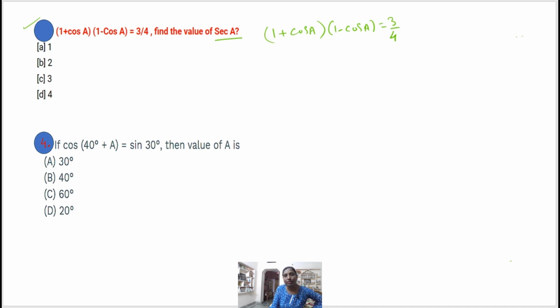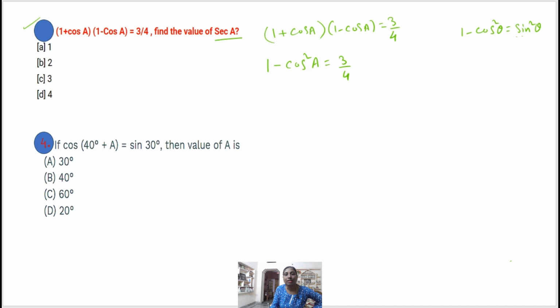So here you can see that a plus b into a minus b identity is there. So (1 plus cos a) into (1 minus cos a) is equal to 1 minus cos square a is equal to 3 by 4. Okay, now you recall the trigonometric identity. 1 minus cos square theta is equal to sin square theta.